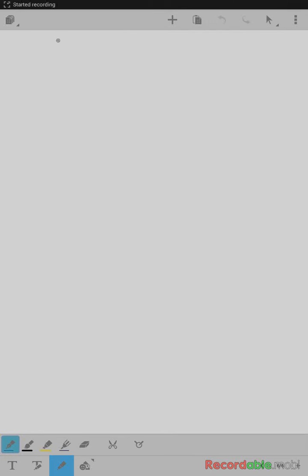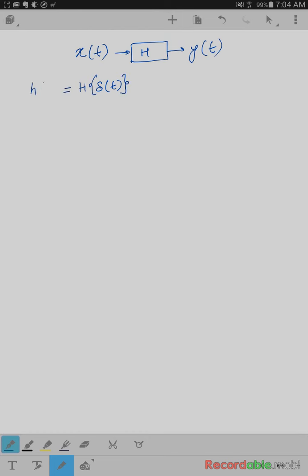In the last class, what we learned was about how to predict the output of a system. So if you have an input x(t) going into a system h and the output of the system is y(t), and you want to predict what y(t) is going to be, then if you happen to know the output of the system when the input is delta(t), this is denoted by h(t), the impulse response.